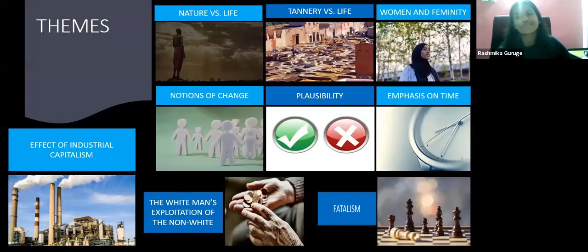These are the themes that we are going to discuss in our presentation. I am sure my team members will give you a lot of information about these themes, but I think you deserve a little sneak peek into them.